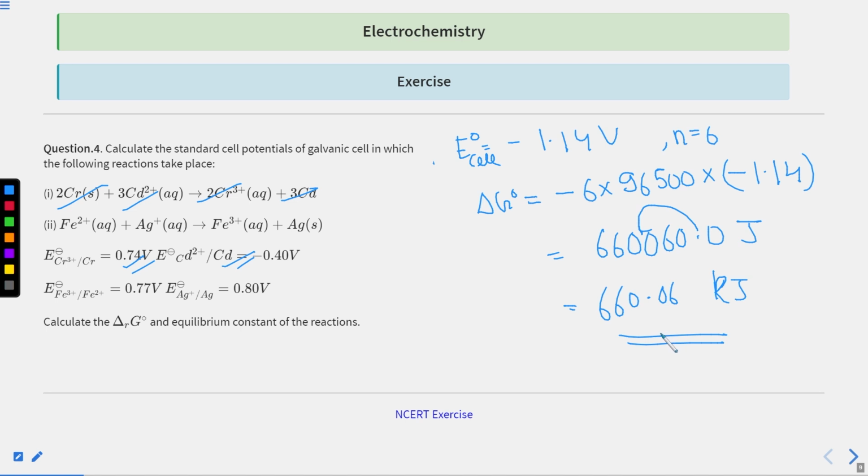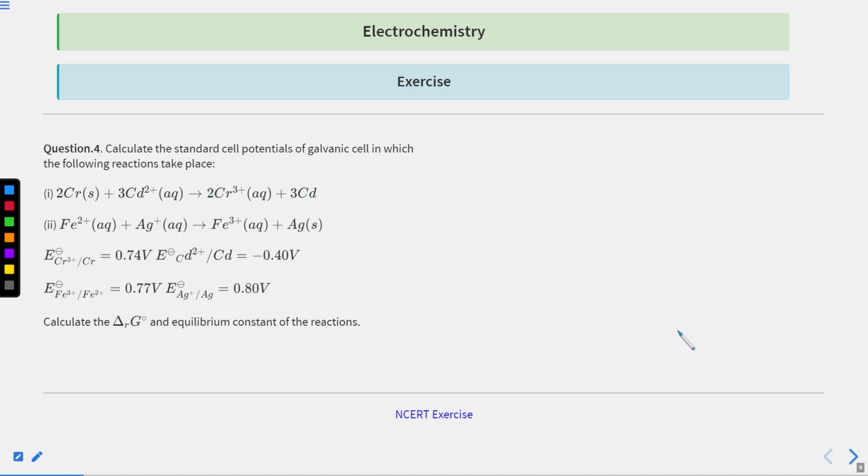Now let us look at the second question. For that, what value did we get earlier? E naught of this, we got it as 0.17, with the positive sign. Now let us try to write the reaction.